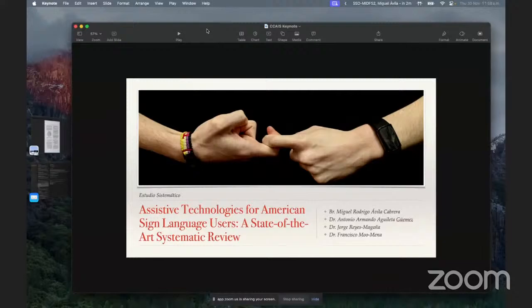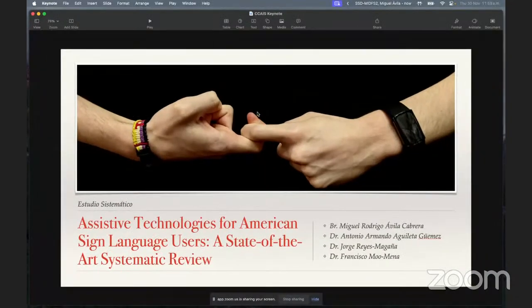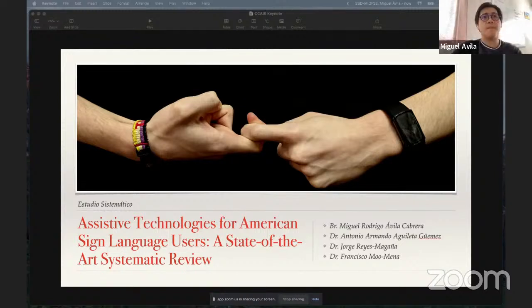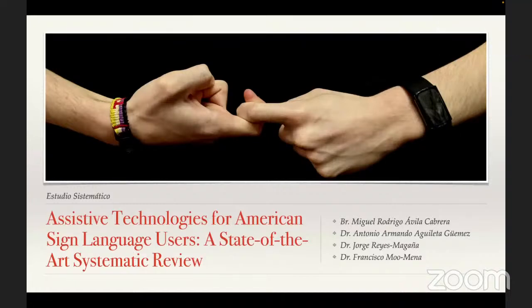Okay. Can you see my screen? Yes, we can see your screen. Okay. All right. Okay. Can you see it in full screen? Yes, we can see. Thank you.